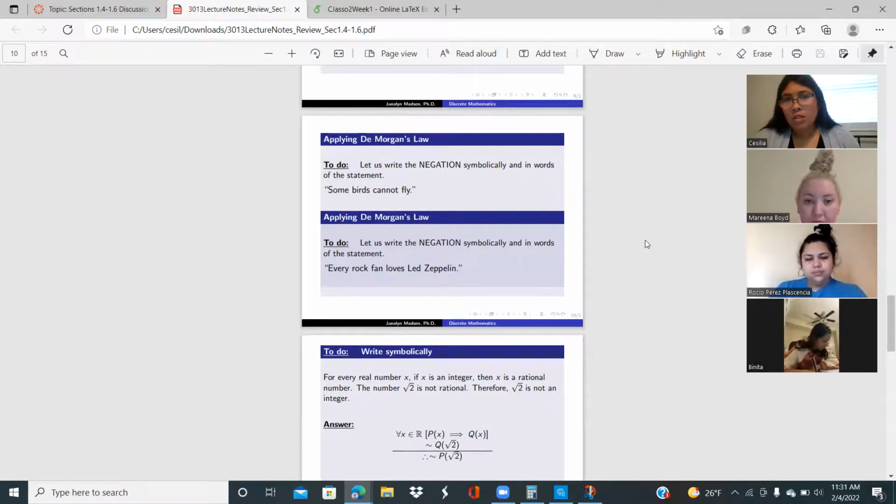Oh yeah, I think not, because this statement says cannot, so it's gonna be not for some. I think earlier we wrote it down as X is birds that cannot fly, there exists an X, P of X.